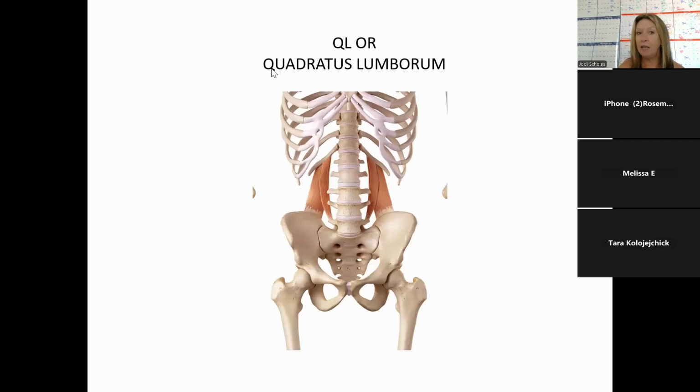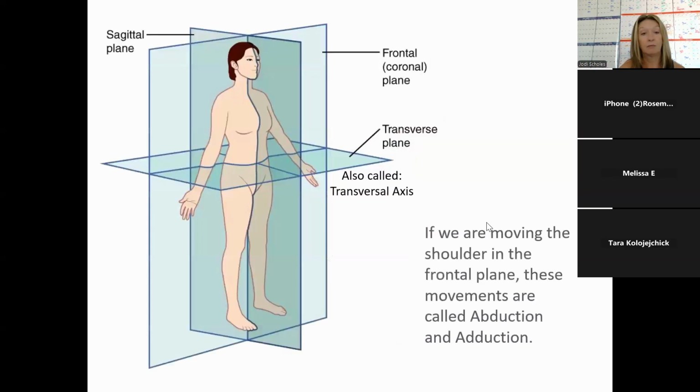But be careful because at first glance you might say, oh, that's a quad muscle. Where are we in the body? We are in the lumbar region, quadratus lumborum. If a muscle has two names, make sure you see both. So that's this muscle.